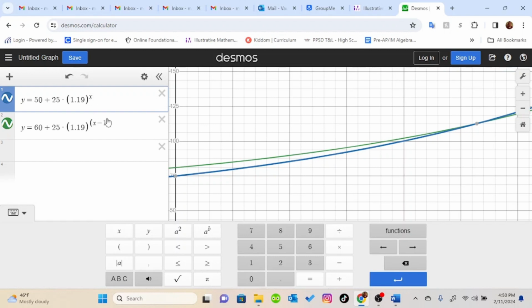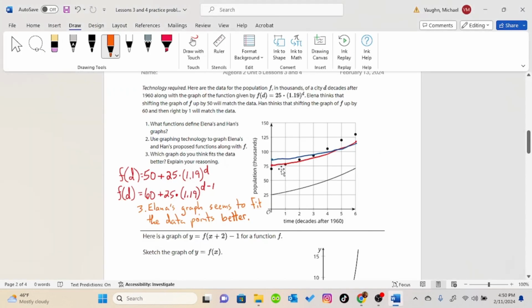You just have to use the parentheses if you're going to do x minus 1 as a power. You have your parentheses that you can use, and then a normal calculator. And it will actually change the colors of the lines so that you can tell which one is which. And then this allows you to have the technology graph it for you, and then you can go on the worksheet, draw it as close as you can, and then be able to evaluate your answers.